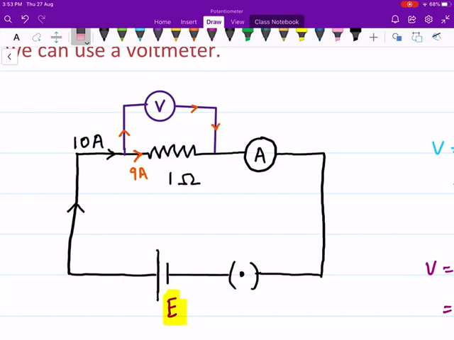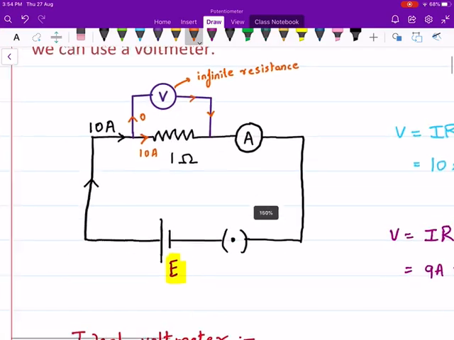If I want all 10 ampere current to flow through this resistor, that means this voltmeter should draw zero current. If I want zero current to be passing through this voltmeter, it should have an infinite resistance. It should have infinite resistance, which is not possible. Okay, so this voltmeter is definitely going to draw some current, because of which we will not get accurate readings.